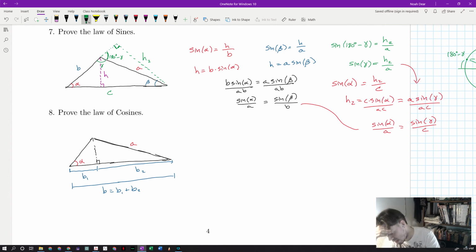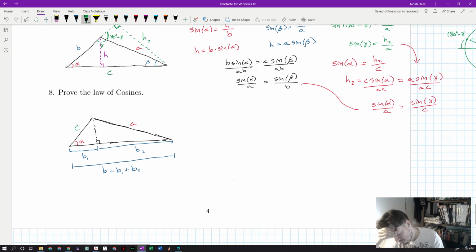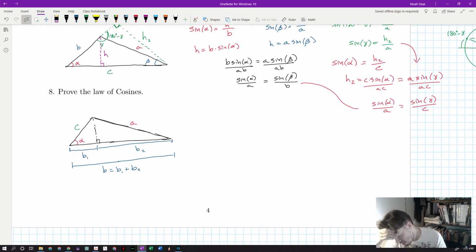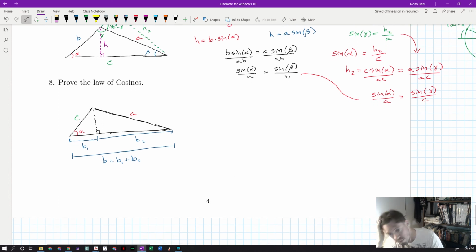And then C is over here on this side. So a few things happen here. I do want to label this as a height H.